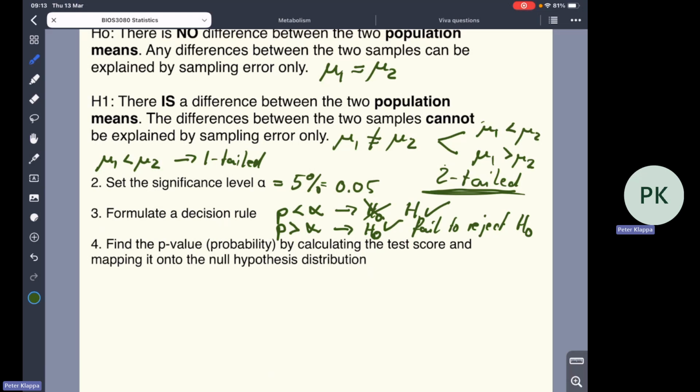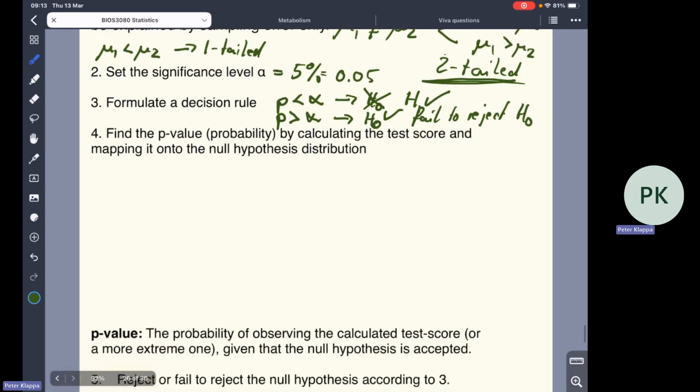And now we need to calculate or find the probability for the test score. In our case, we are working with continuous data because the size of the tumor is a continuous number.